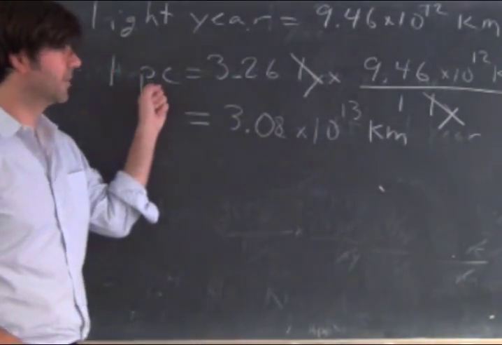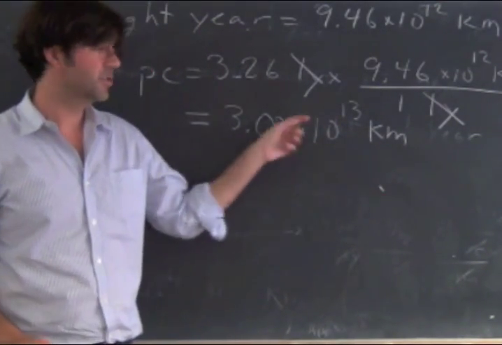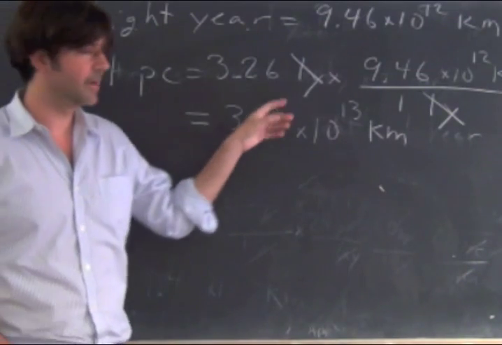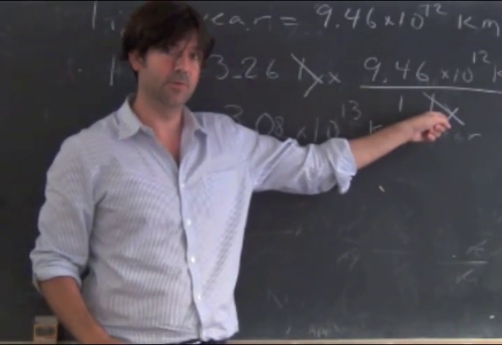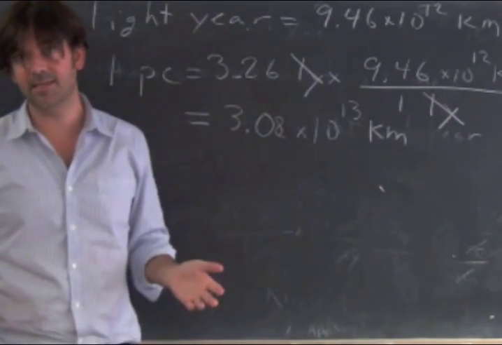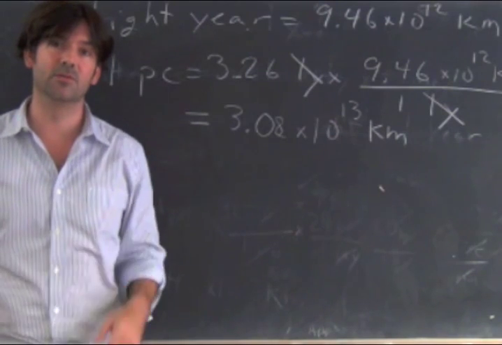And now we've converted 1 parsec into kilometers. This trick of multiplying your answer by 1, where you know what the units are that you want to cancel off, you put those in the denominator, can be used almost any time to convert one type of units into the other type of units that you can use to solve the problem.